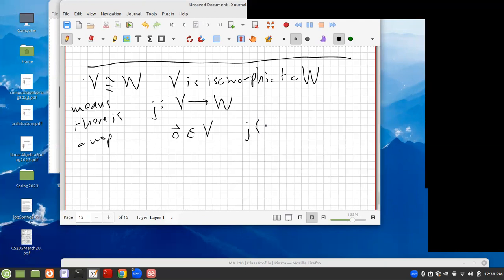The isomorphism J has to map the zero vector of V to something in W. Because the map is linear, J of the zero vector has to equal J of zero times the zero vector, because those are really the same vector.